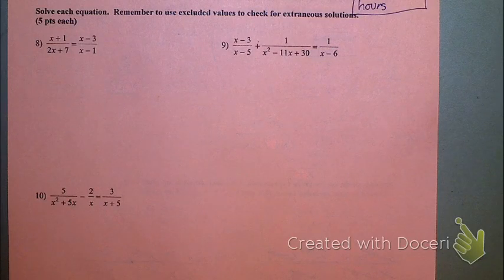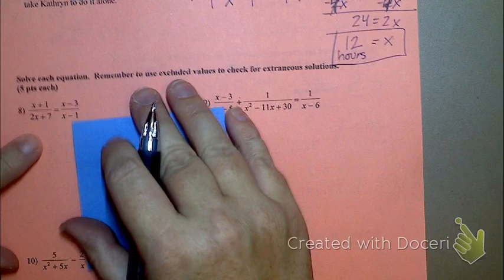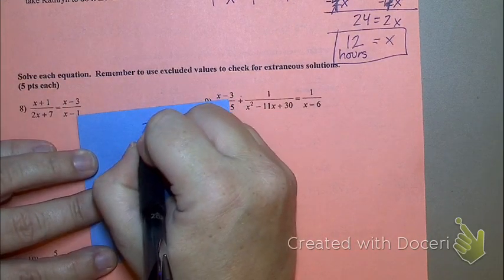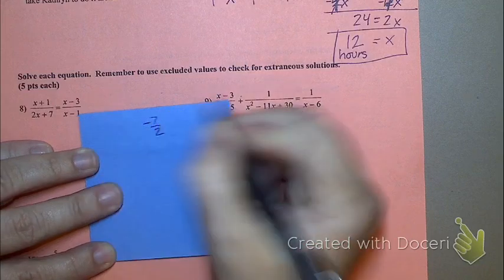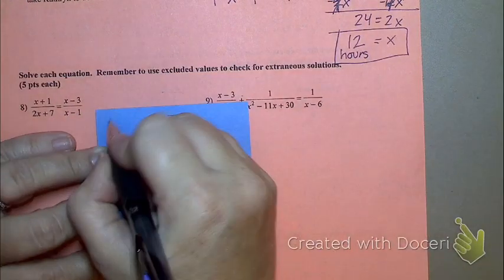Yes, but it is not a required part of this. I do, however, need to know what they are in order to check my answers for extraneous answers. Now, I did have one group, I can't remember what period it was, but they looked here and they said, okay, 2x plus 7, that gives you negative 7 halves, right? And x minus 1, that gives you positive 1. And they said this.